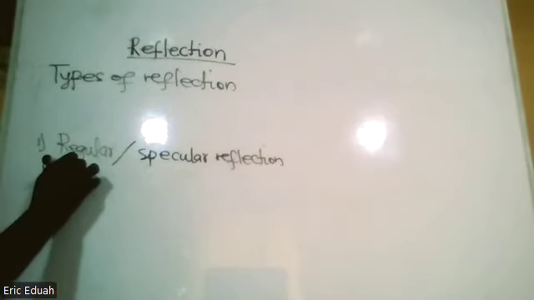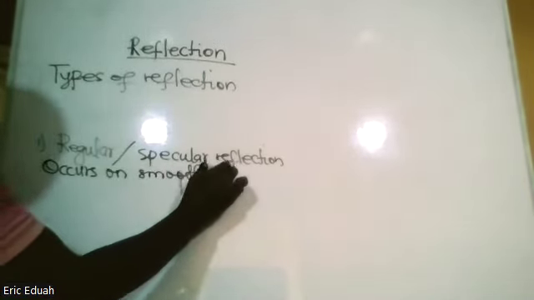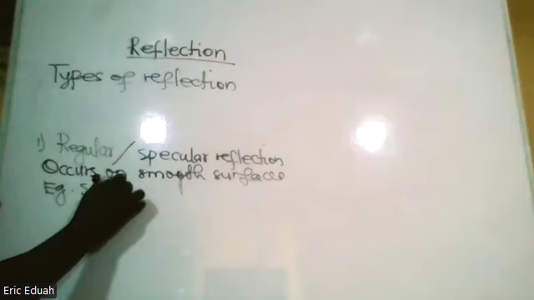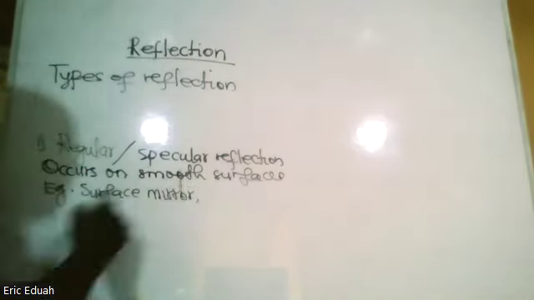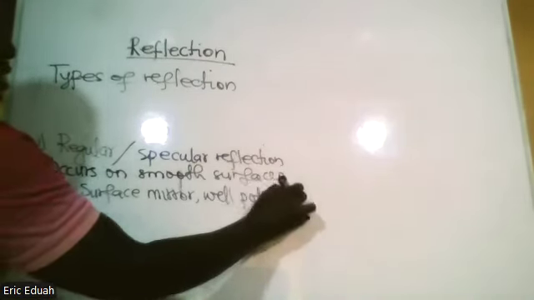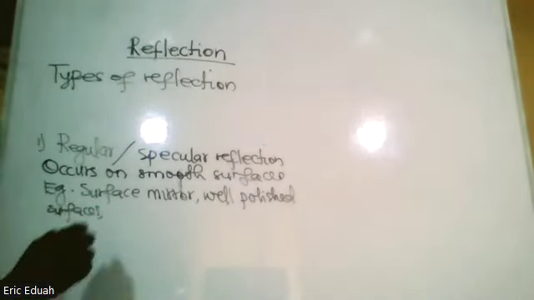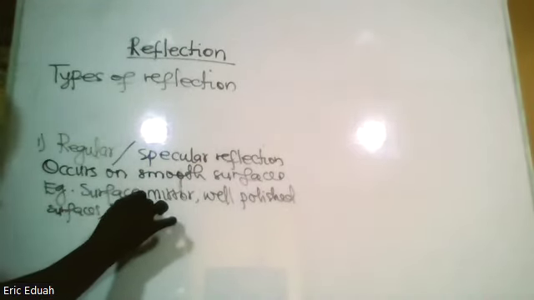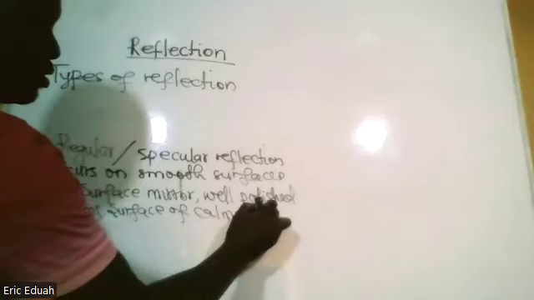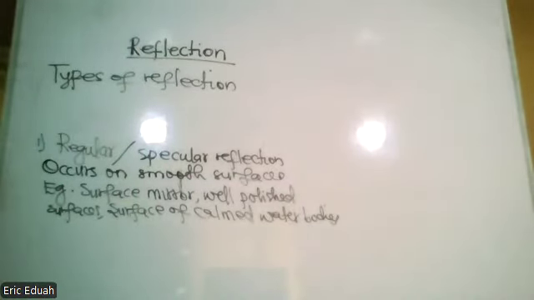Examples: the surface of a mirror, well-polished surfaces, the surface of calm water, water bodies, well-polished floors and walls.